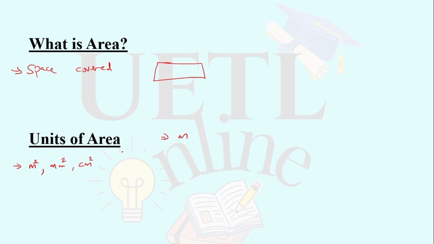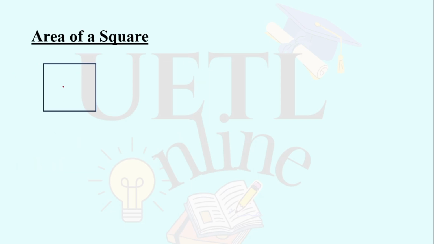Now let's take a look at how we calculate the area of some common basic shapes. First we are going to take a look at a square. I remember I told you that a square has four equal sides, and with these four equal sides, we know that there are 90-degree angles all around. This is what we call a square.